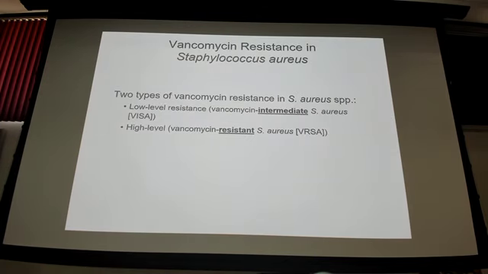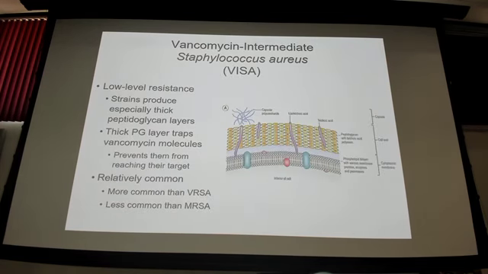Those two levels of resistance I mentioned, the first appears with this VISA intermediate level, and that was simply when Staph aureus isolates started to increase the thickness of their peptidoglycan layers. The thicker they got, the harder it was for that big vancomycin molecule to diffuse through that layer and start interfering with peptidoglycan synthesis.